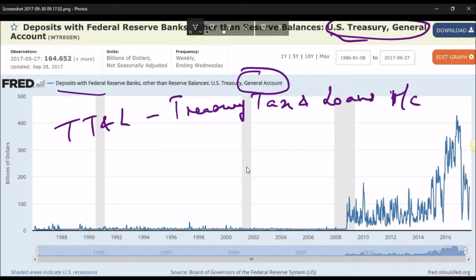The Treasury also keeps accounts at commercial banks, called the Treasury Tax and Loans account, to lower the impact of its operations on reserves. However, the federal government is not the only customer of the Fed. Foreign central banks and international agencies such as the World Bank and the IMF also have deposits at the Fed.